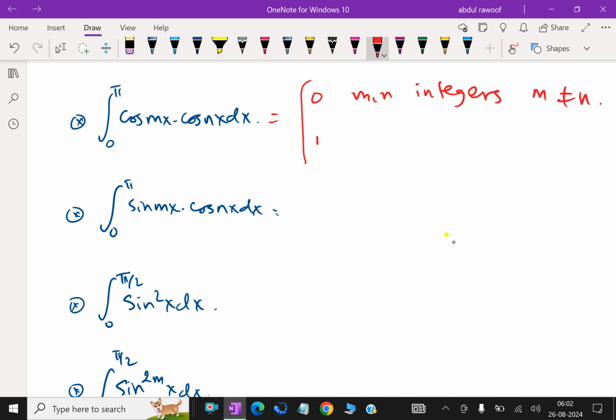Then it is pi by 2, where m and n are integers and m is equal to n. If m equals n, this is pi by 2. If m is not equal to n, it is 0.